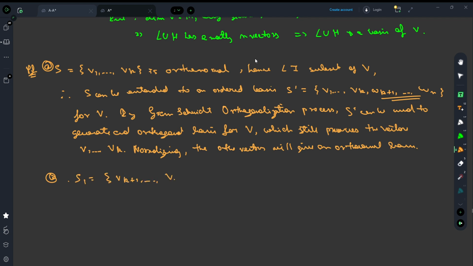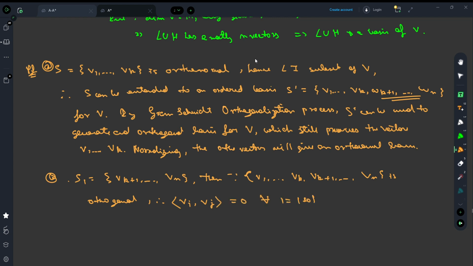Okay. Number 2 is also pretty observable, which I was discussing before I started this proof, that if I consider S1 to be the elements Vk plus 1 till Vn, then since the collection V1 till Vk, Vk plus 1 till Vn is orthogonal, therefore the inner product Vi Vj is 0 for all i equals 1 to k and j equals k plus 1 till n.